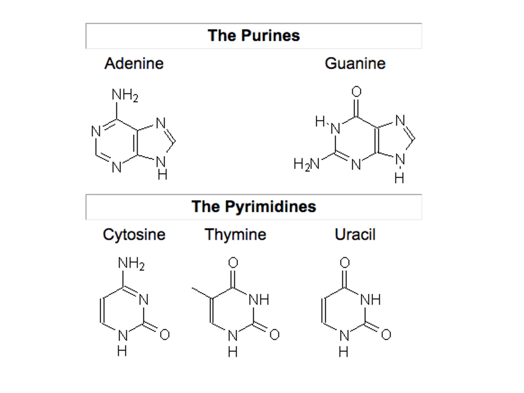Now, while pairing, we know that a purine always pairs with a pyrimidine. So adenine always pairs with thymine, guanine always pairs with cytosine, or guanine always pairs with uracil when we are considering an RNA.